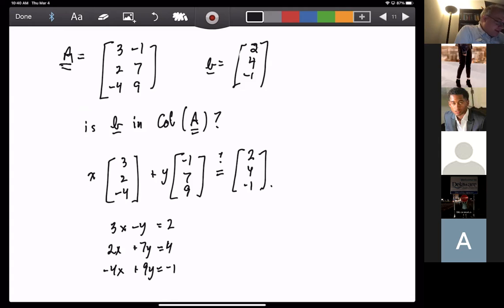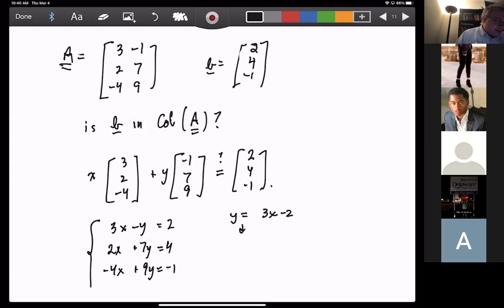Well, that's a set of linear equations. We could solve this by doing Gaussian elimination, doing the elementary row operations to get to the reduced row echelon form. Let's actually just take a more direct approach here. From the first equation, I can see y in terms of x. y would be 3x minus 2.